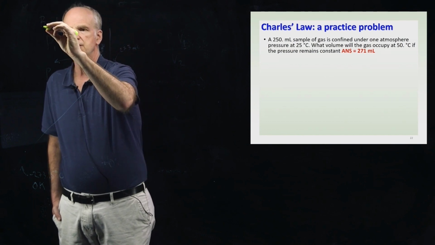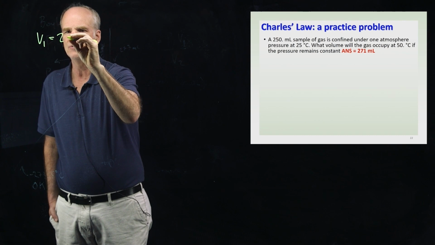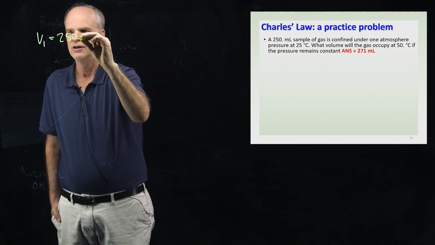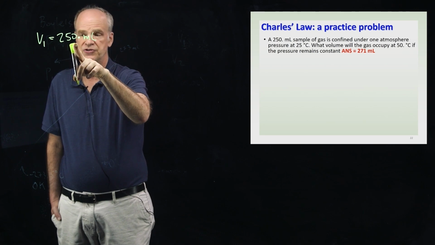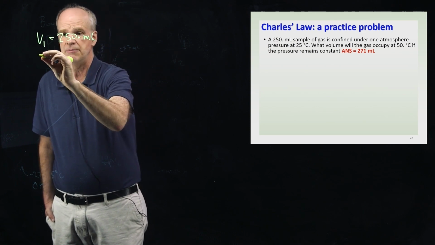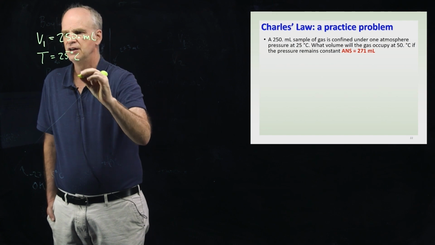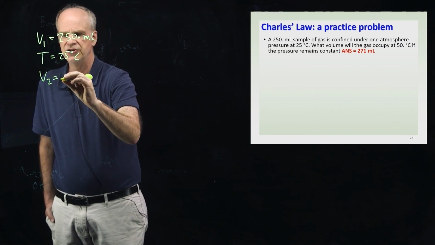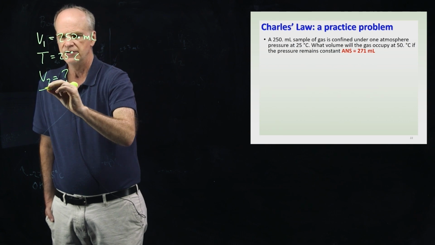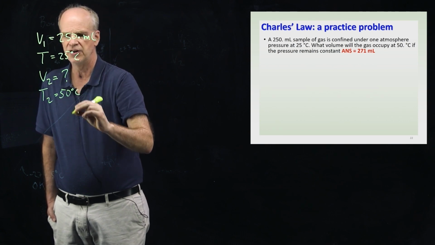Here I have a gas that had an initial volume of 250 milliliters, and I'm going to put a dot there to indicate that these three numbers are significant. The temperature initially is 25 degrees Celsius. We're trying to find what the new volume is. The new temperature is 50 degrees Celsius.